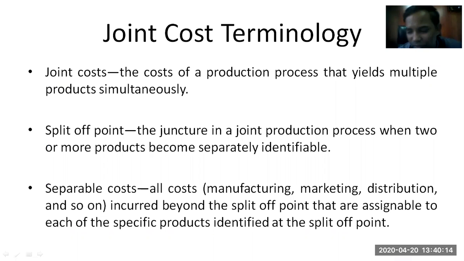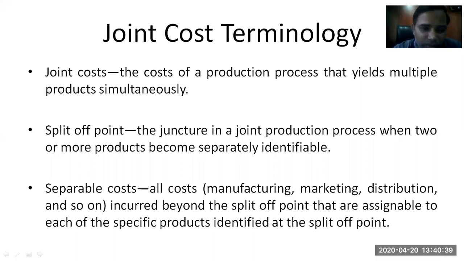For example, if you're extracting crude oil from the earth, the extraction of crude oil itself does not give you petrol, diesel, or coal tar. But when you further process this product, you find petrol, diesel, coal tar, and various other products.